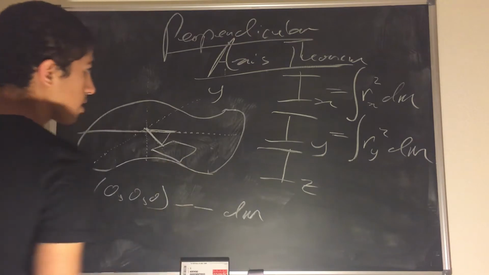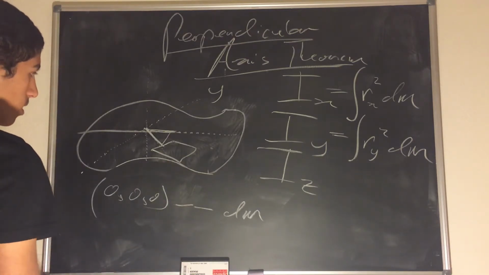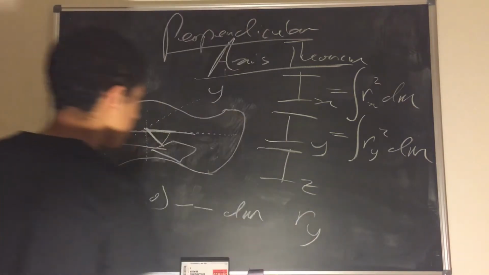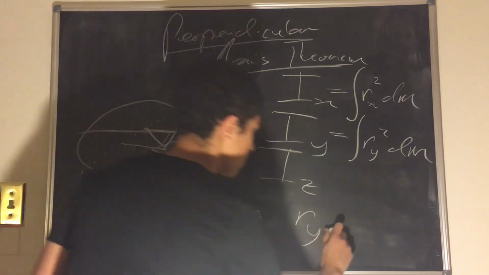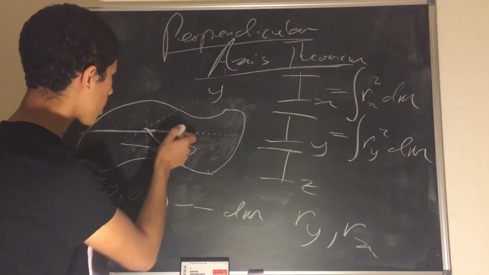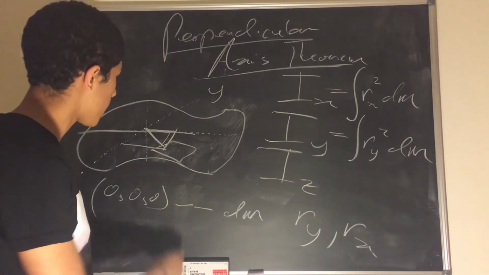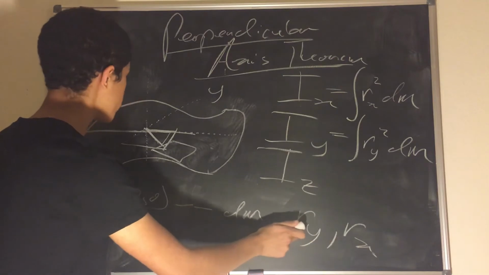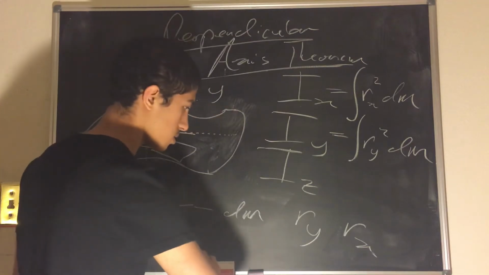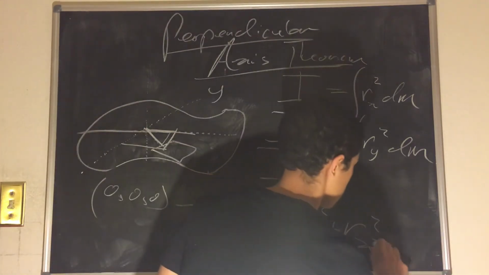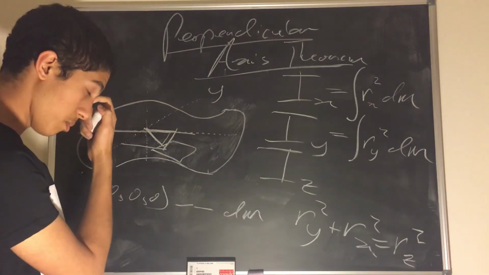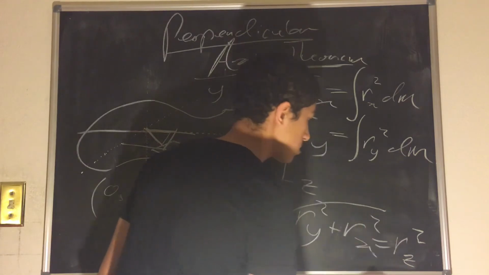We have our y distance from dm, which is ry, and we have our x. And due to the Pythagorean theorem, since rx and ry are perpendicular, we have that rx squared plus ry squared should be equal to rz squared. So let's write this out. And then rz can be written as the square root of these two.